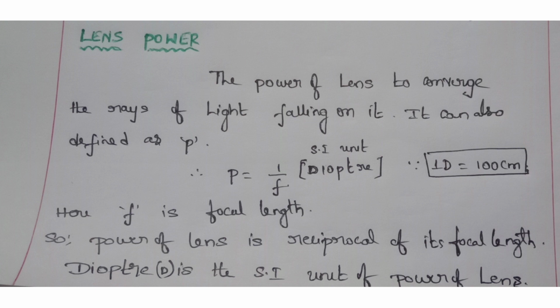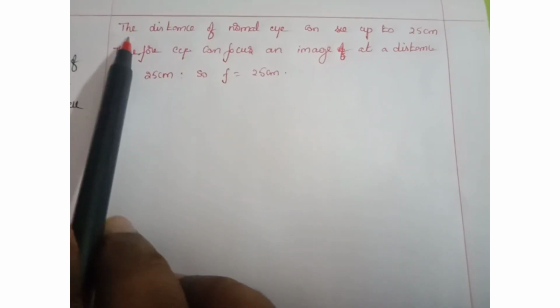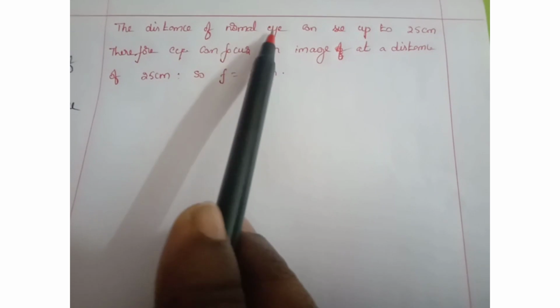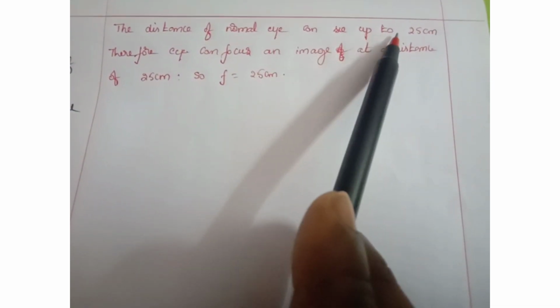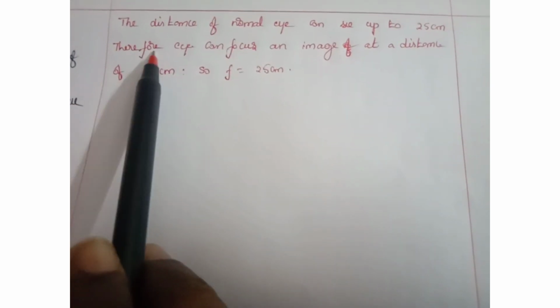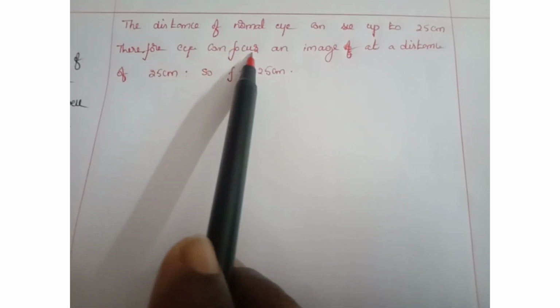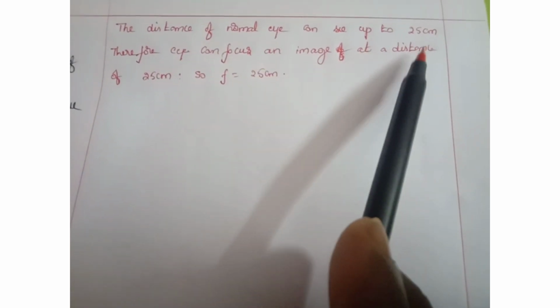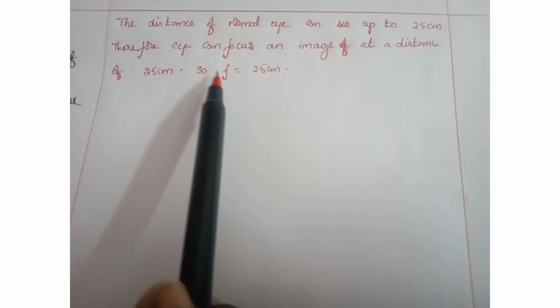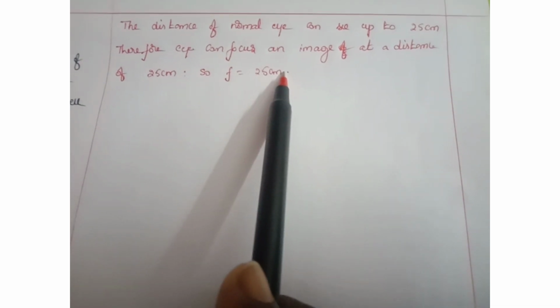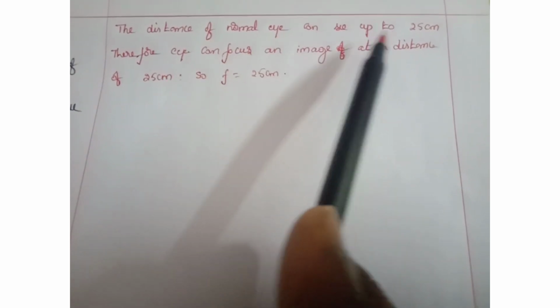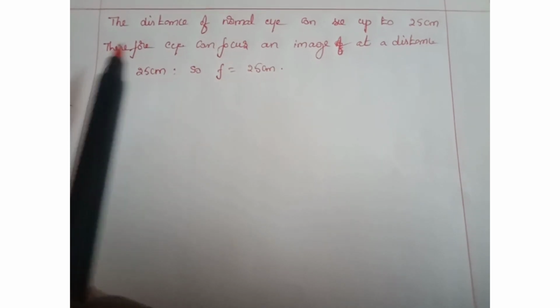Now we can do a problem to find the maximum power of accommodation of a normal human eye. The normal eye can see up to 25 centimeters, so it can focus an image at a distance of 25 centimeters. So F is equal to 25 centimeters.